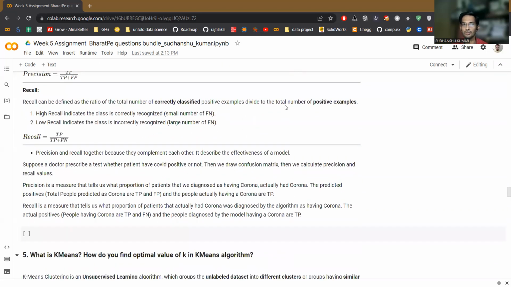And recall is defined as the ratio of the number of correctly classified positive examples to the total number of positive examples. Mathematically it can be written as true positive upon true positive plus false negative.